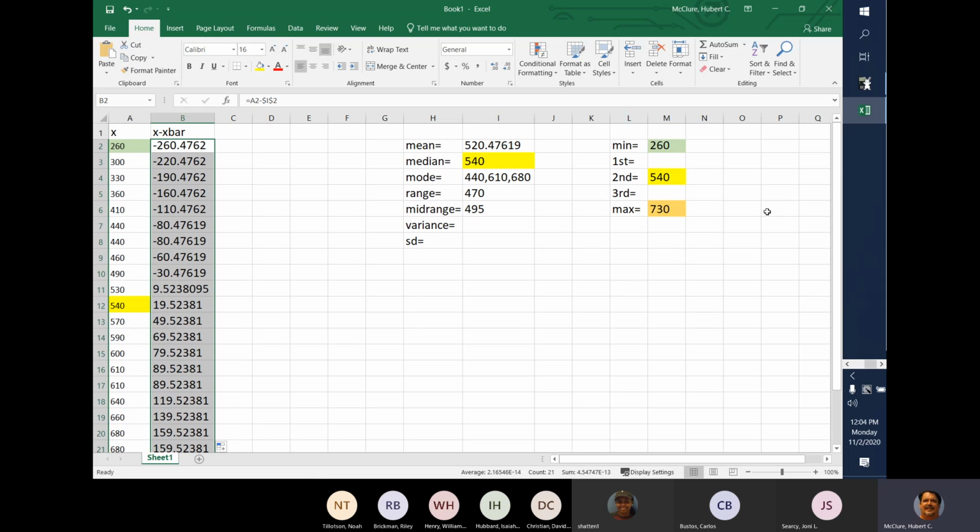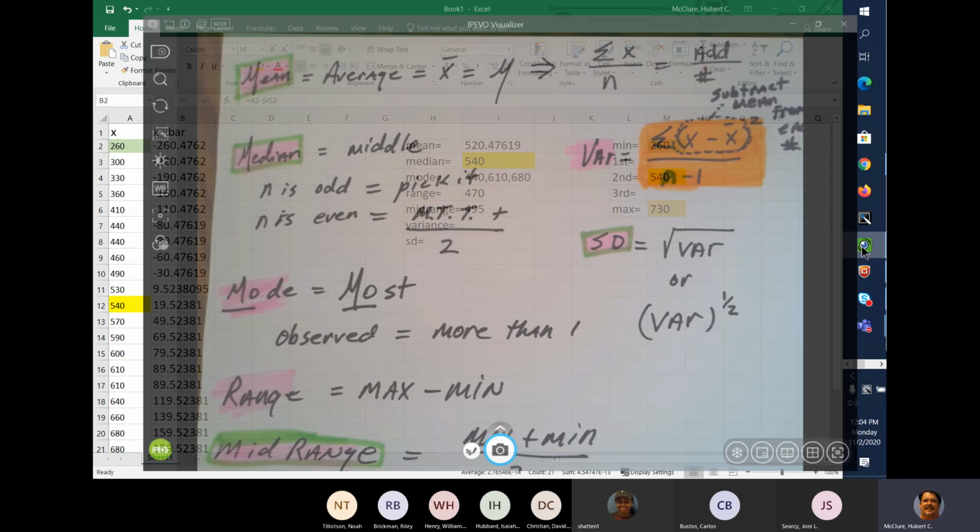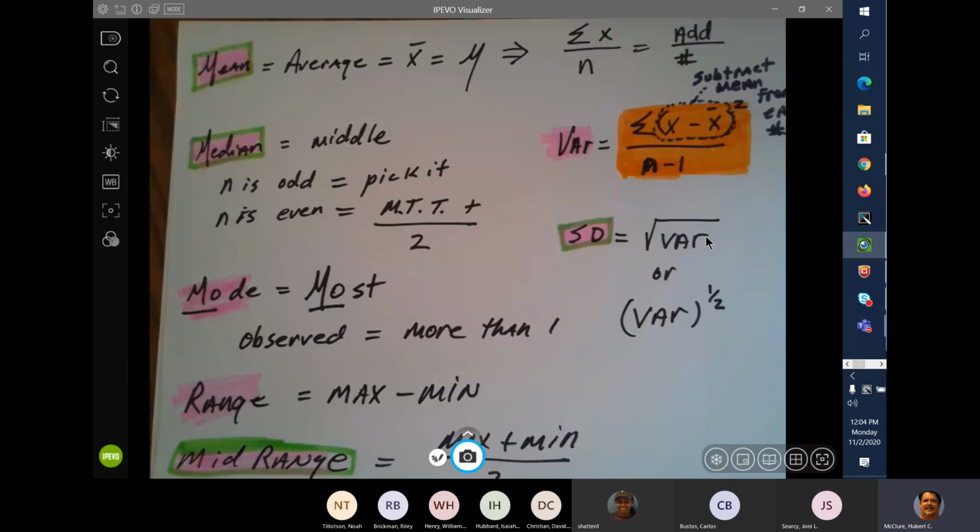All right, let's go back to the formula, because the formula is going to tell us what to do. All right, now somebody told me that we've got to subtract the mean from each of the numbers. Now what do you do?